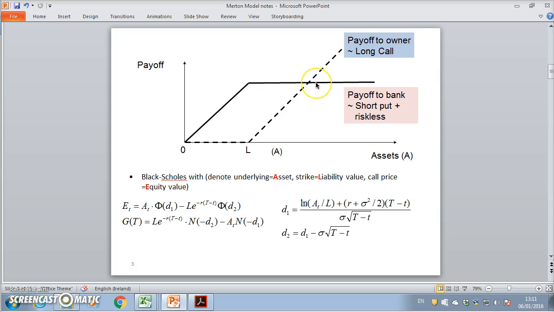So the position of a financial institution that lends, in terms of its assets, in a very simplified way, we could consider these assets as being risk-free, but then also there is a guarantee which is equivalent to a short put on those same assets.